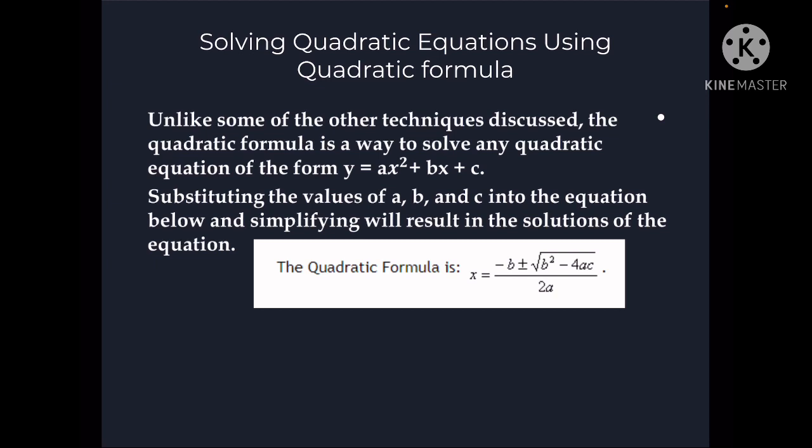Here, our next method is solving quadratic equations by using the quadratic formula.